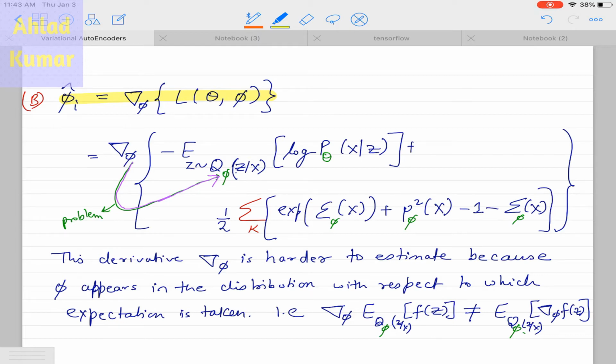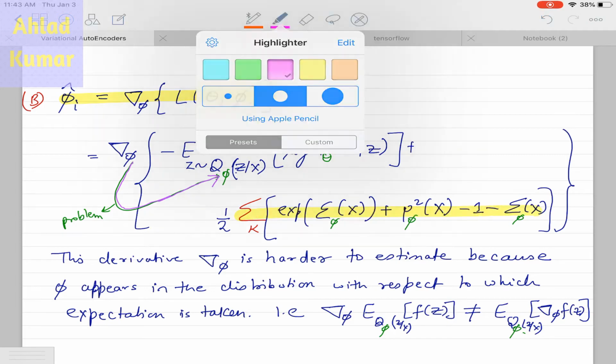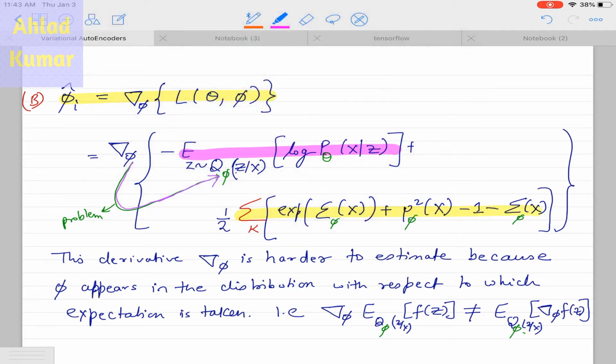But now you see here there is a problem. For this term it is okay, but for this term there is a problem, and the problem is that the derivative with respect to phi is harder to estimate because phi appears in the distribution with respect to which the expectation is taken. So phi is actually appearing in this distribution here. The expectation is taken over that distribution.